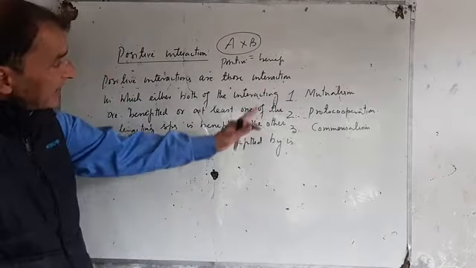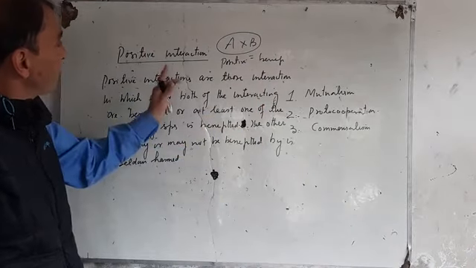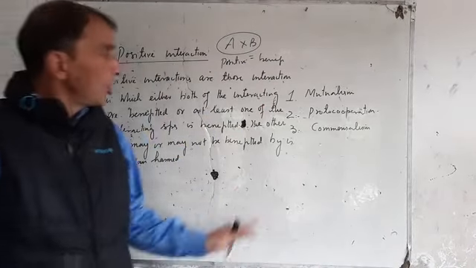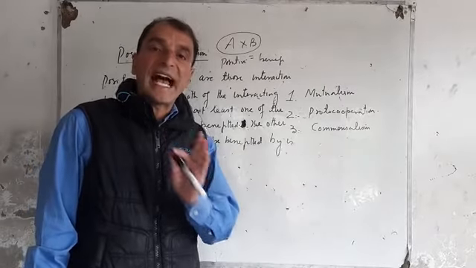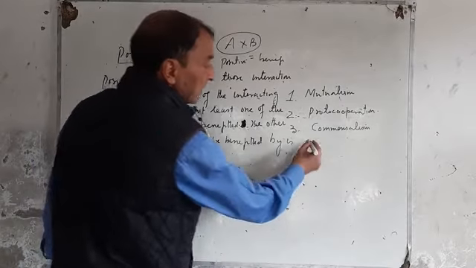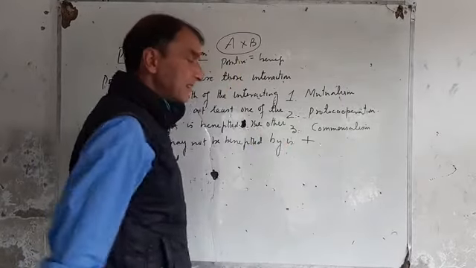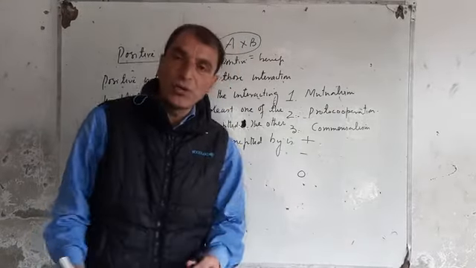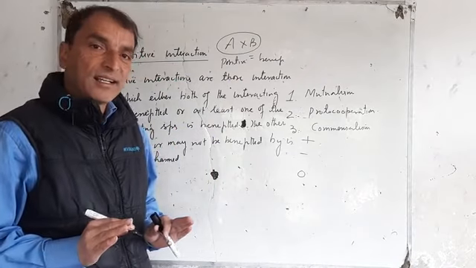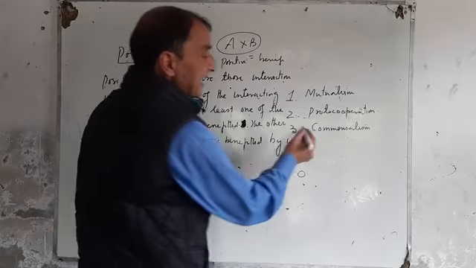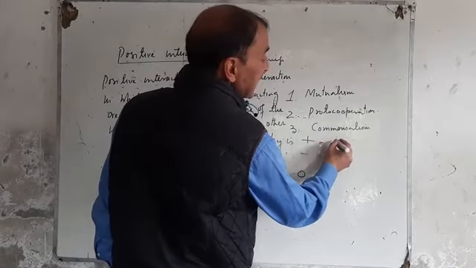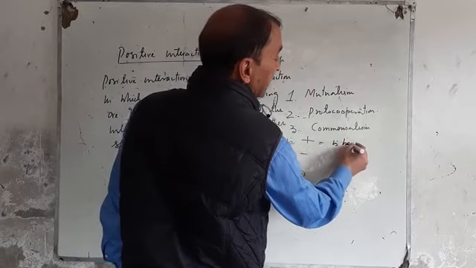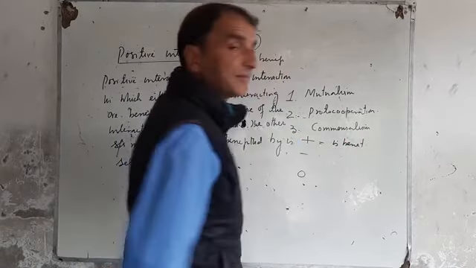To understand these various types of positive interactions, we use signs such as plus sign, minus sign, zero sign. We use plus sign to indicate that the species is benefited in this interaction.